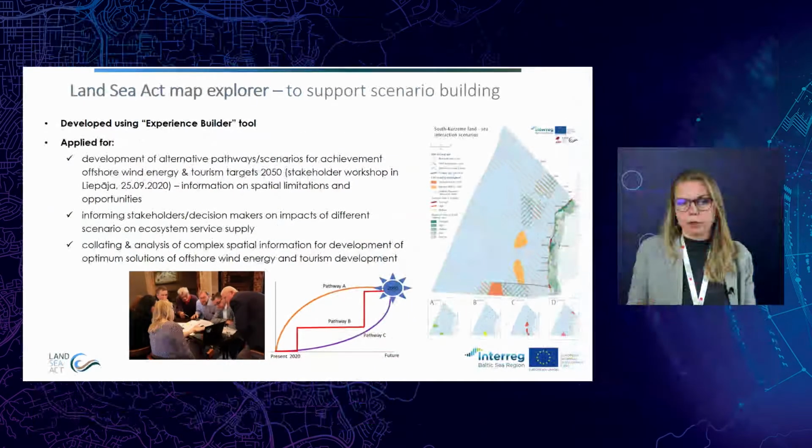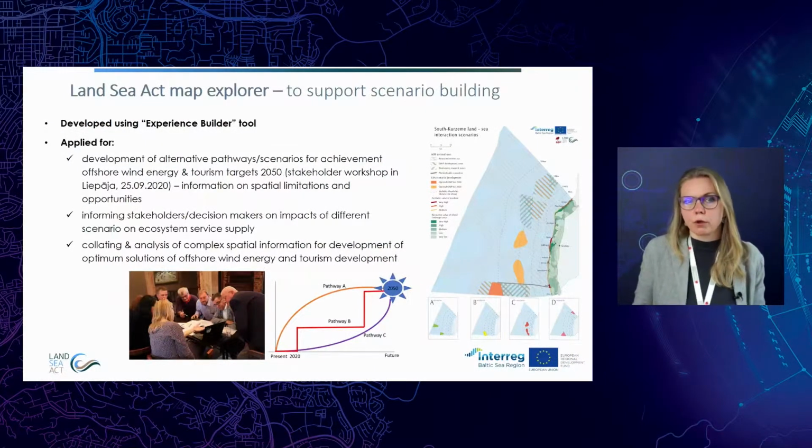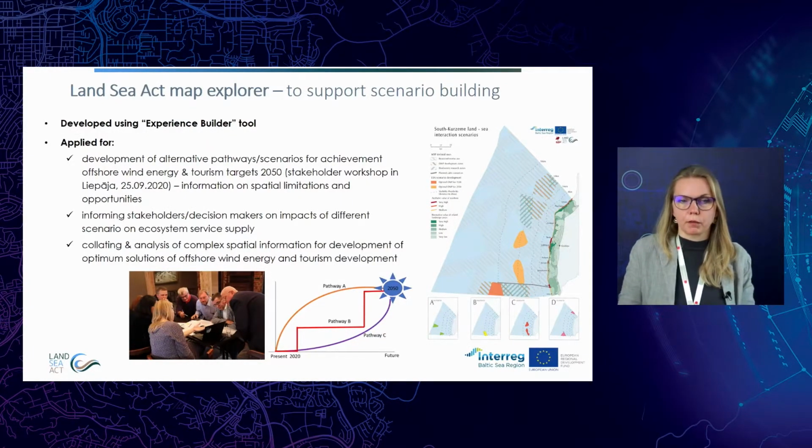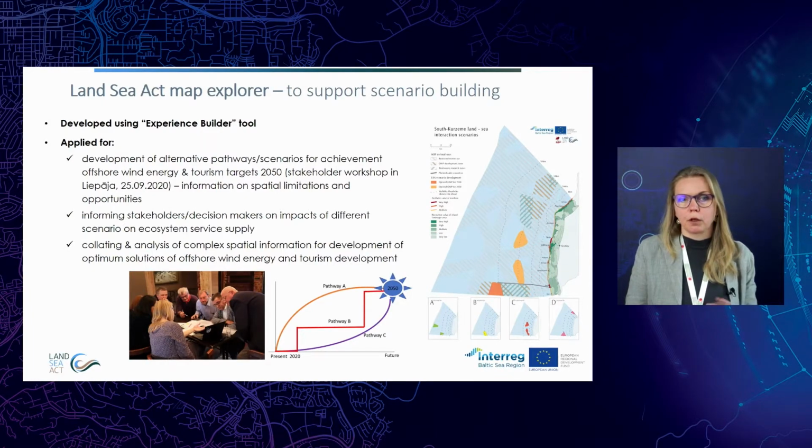We first used it at the stakeholder workshop, where stakeholders were again divided into groups and were developing different alternative pathways or scenarios for offshore wind energy development up till the year 2050. This Map Explorer helped them in gaining information about spatial limitations and opportunities on where to place these potential wind parks.